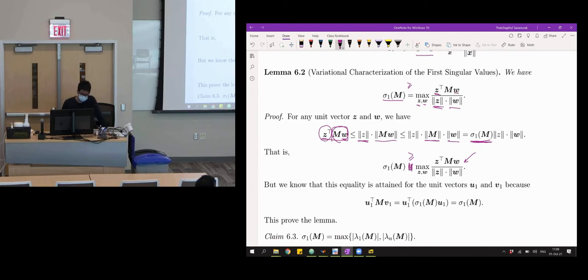Now we just need to show that there actually exist z and w so that this inequality holds with equality.